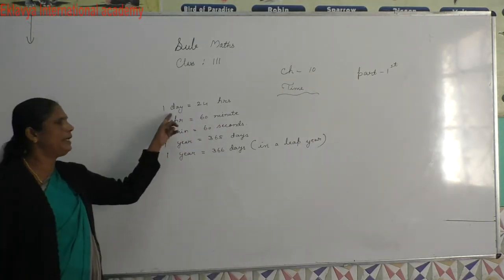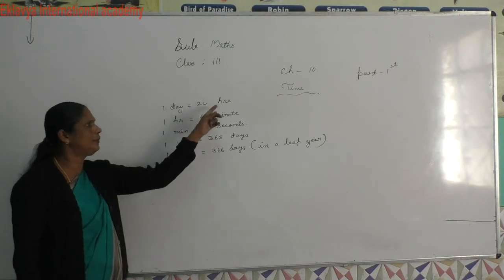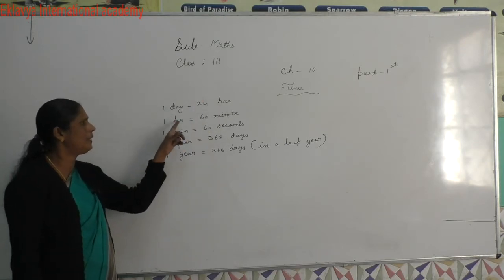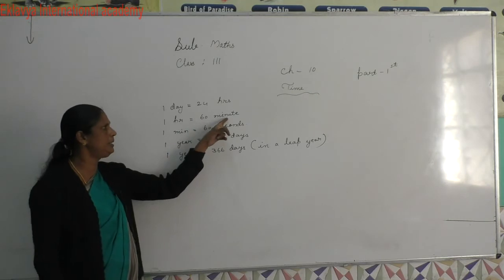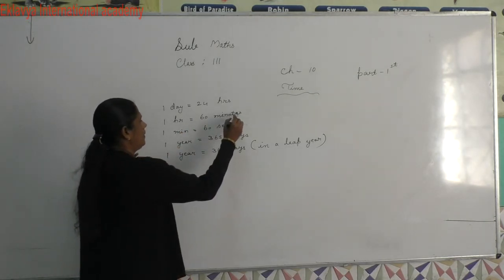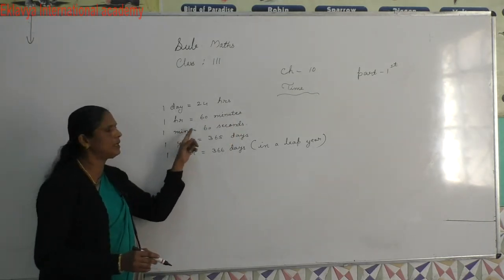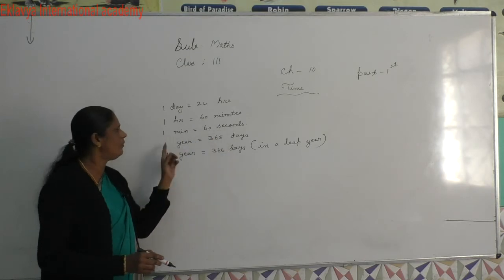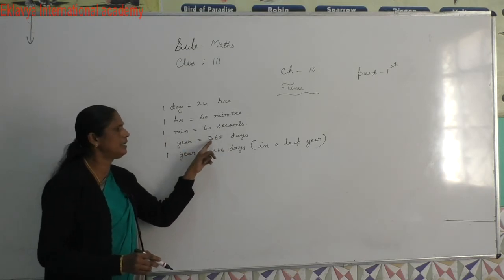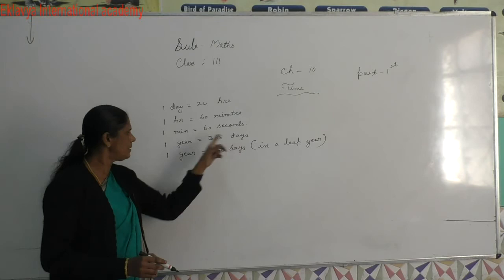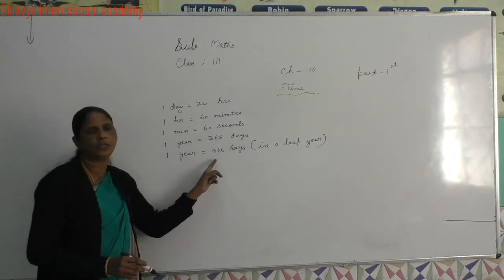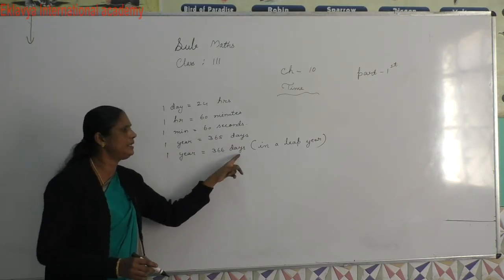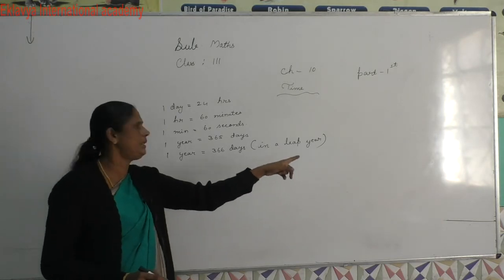Again, 1 day is equal to 24 hours. 1 hour is equal to 60 minutes. Then 1 minute is equal to 60 seconds. 1 year is equal to 365 days. 1 year is equal to 366 days in a leap year.